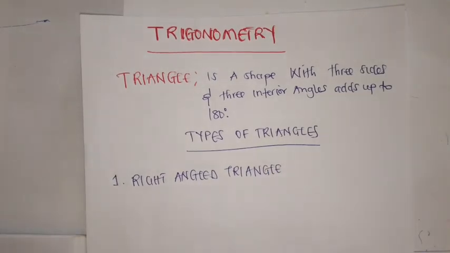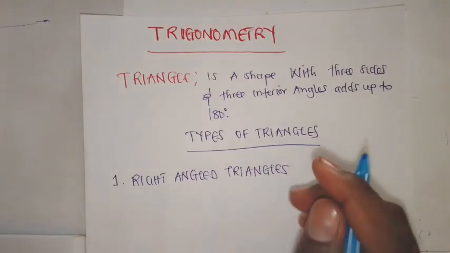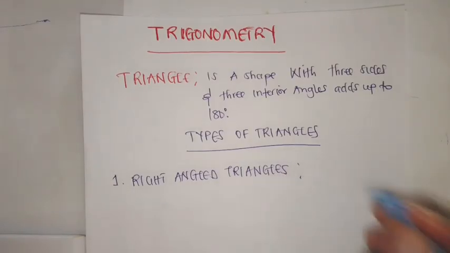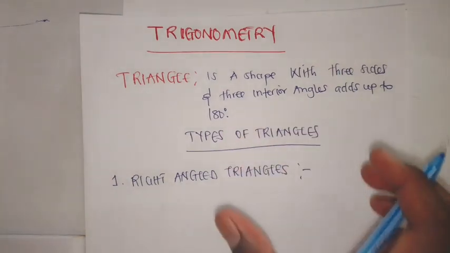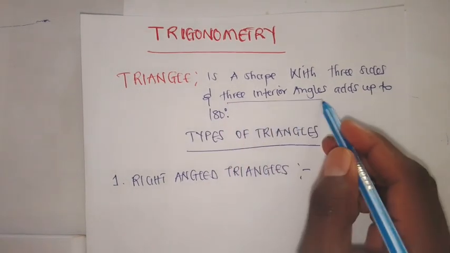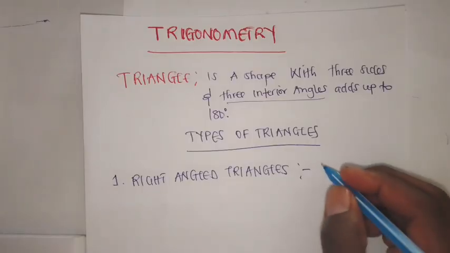So what are these triangles? These are types of triangles in which one of the interior angles is 90 degrees. So one of those three interior angles is 90 degrees.